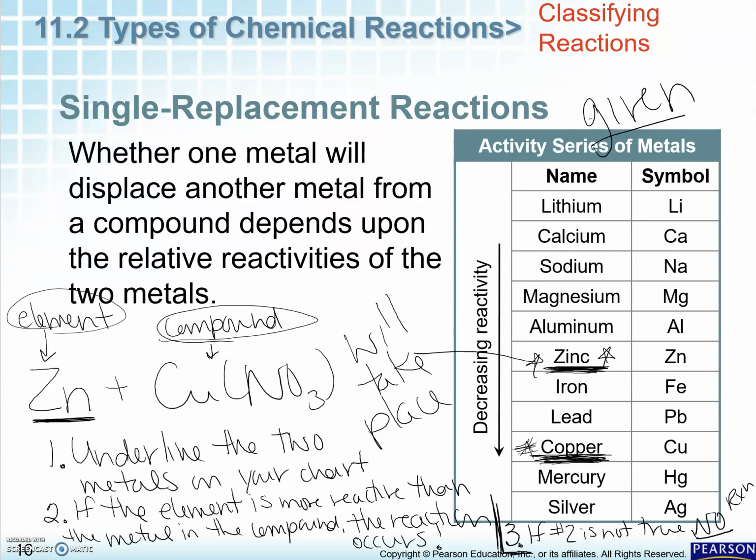So for example, if we were to have had silver and copper, copper is higher on our list here, so no reaction would have occurred. So for the most part, it is going to be the more reactive element, but you have to make sure every time, otherwise no reaction is going to occur.